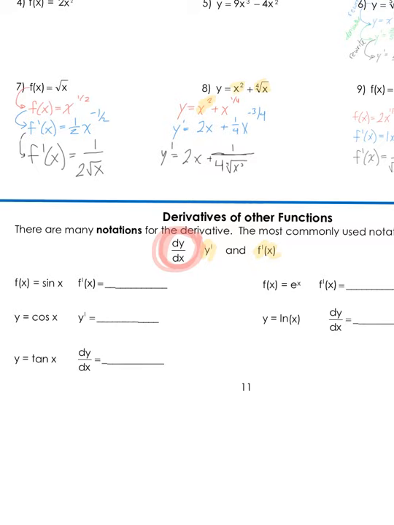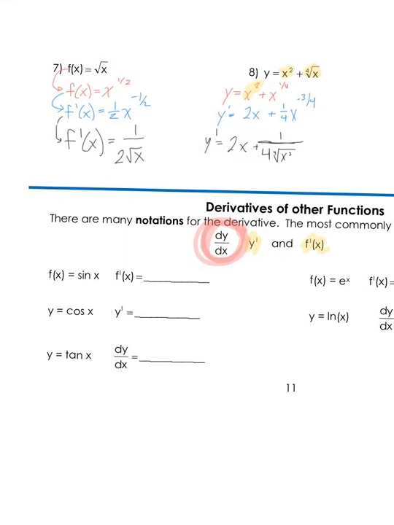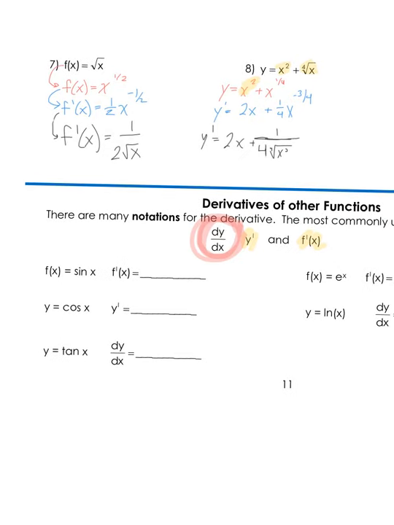And now to the derivatives, we're going to start memorizing, I would say. The derivative of sine x is cosine x.